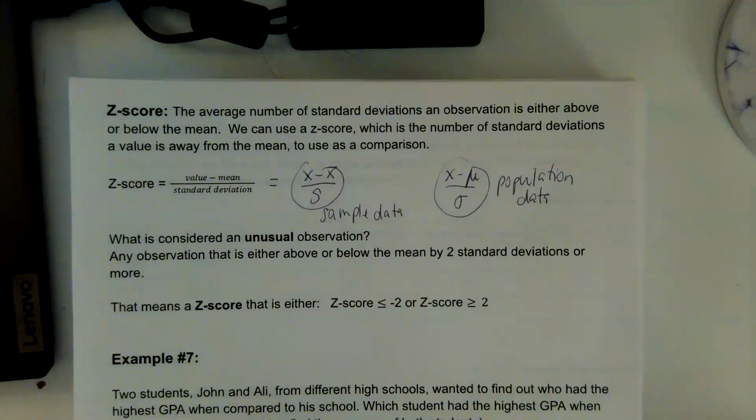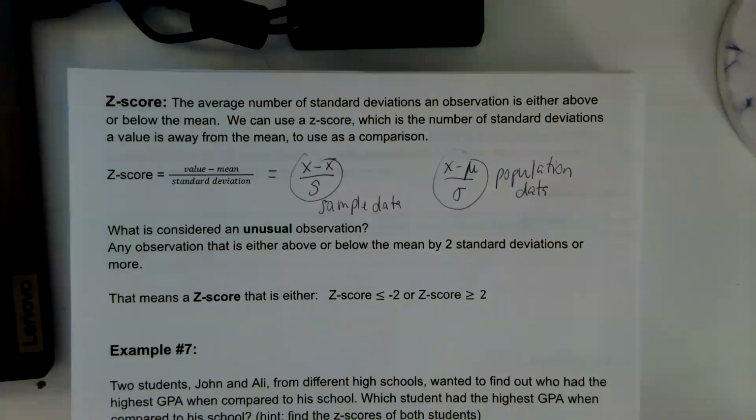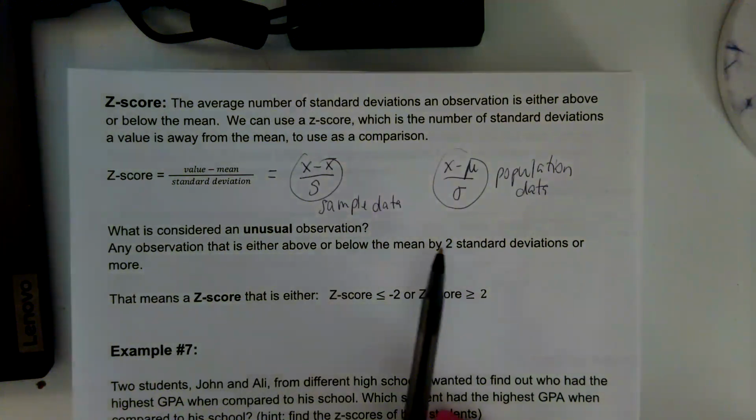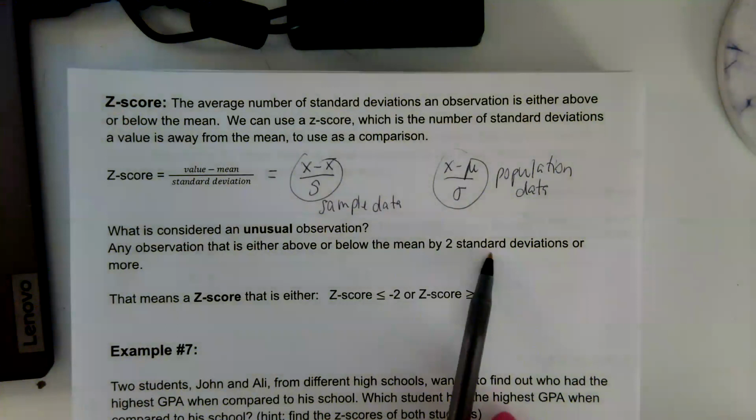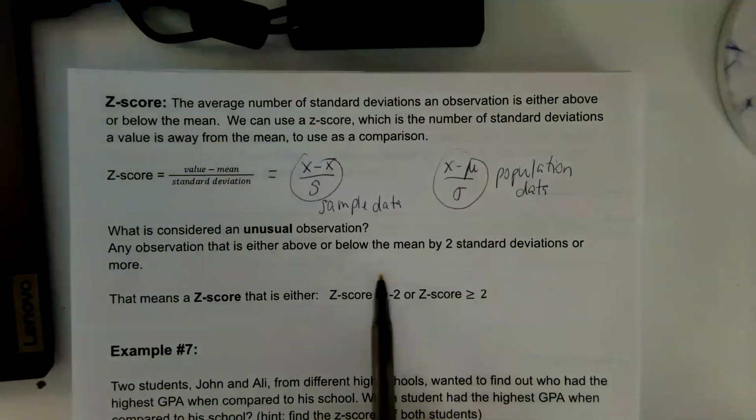So throughout this chapter, we've been talking about visually finding unusual observations that we call outliers. And then we also learned how to use a box plot and the upper and lower fence to find outliers. And now we're going to use the idea of the standard deviations. So earlier in this particular lesson, we said that any observation that is above or below the mean by 2 standard deviations is considered unusual.